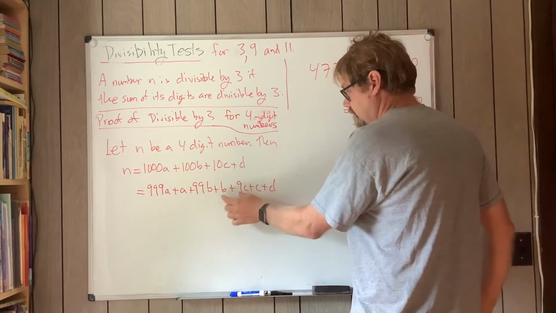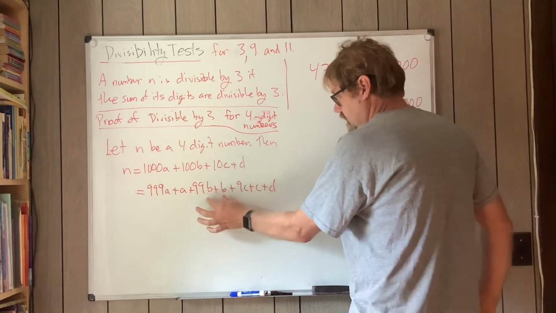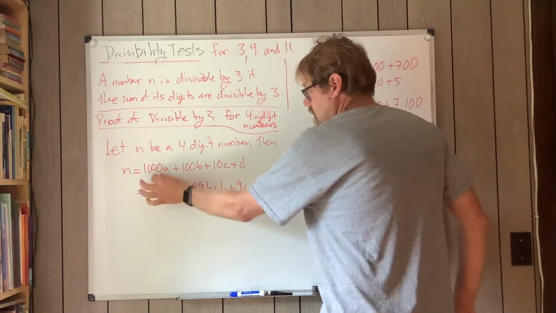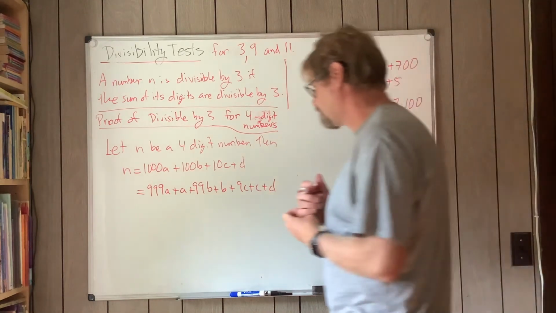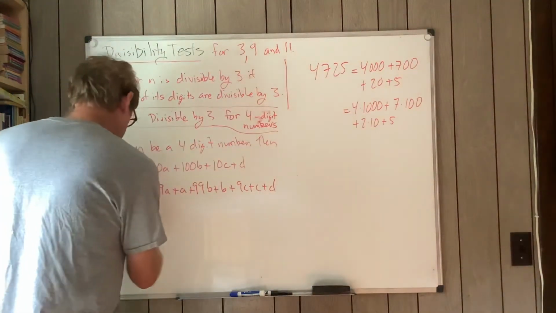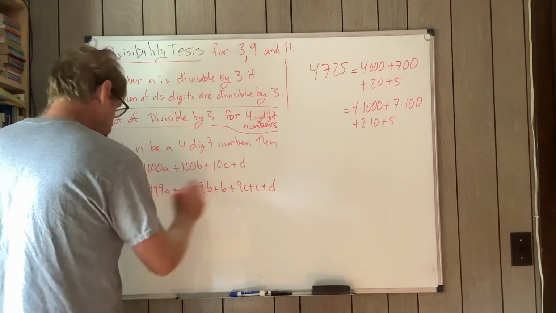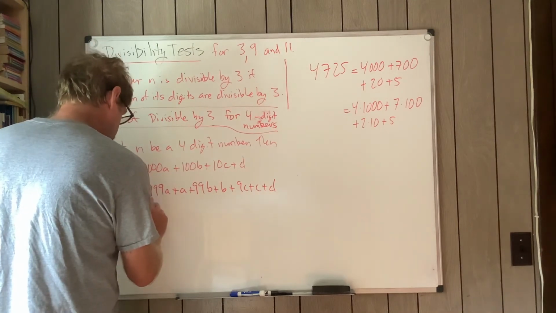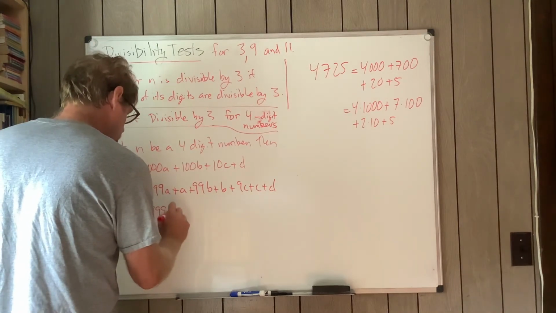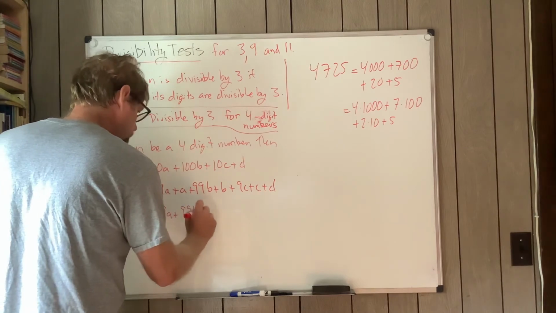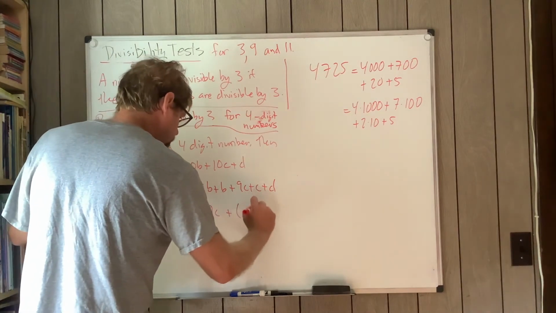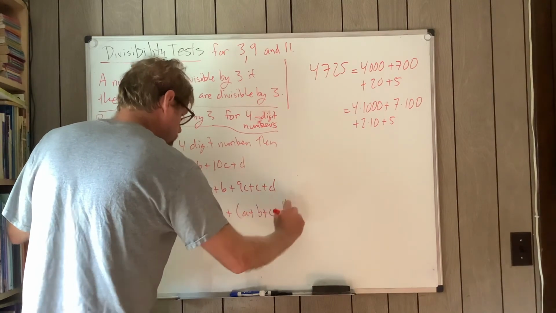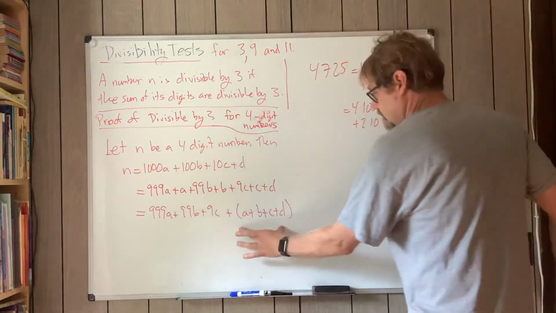Okay, so hopefully you can see if you combine, you should get that back. And what I'm going to do is write 999A, 99B plus 9C, and then A plus B plus C plus D. Okay, there's the sum of my digits.